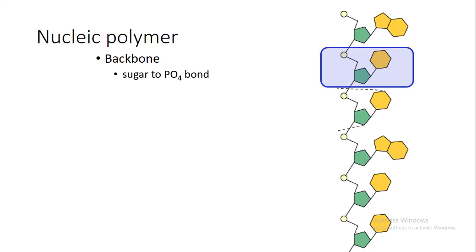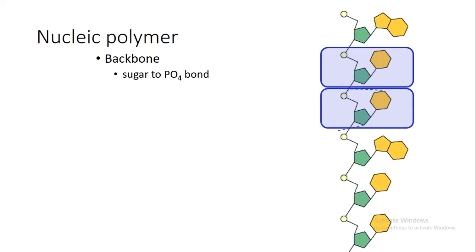Like you can see there in blue, that's a nucleotide, and that nucleotide with the next nucleotide are forming a bond. This bond exists between the pentose sugar and the phosphate group.